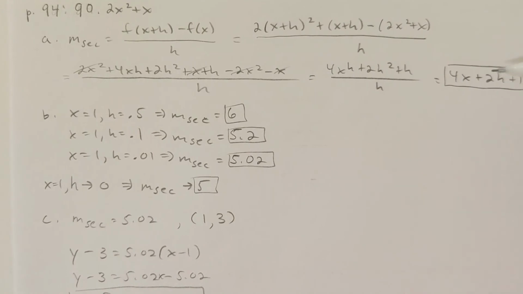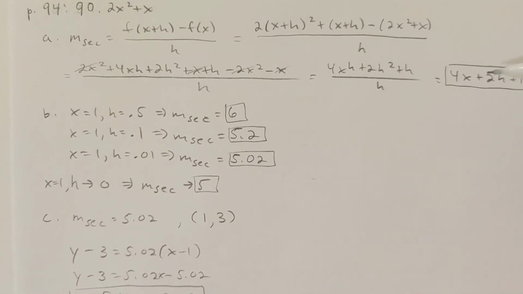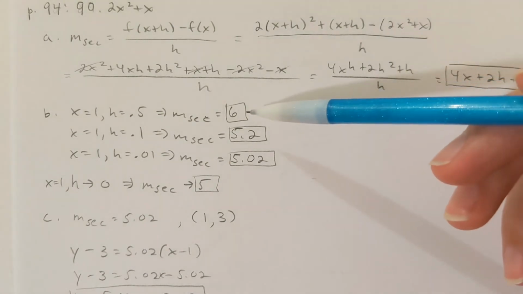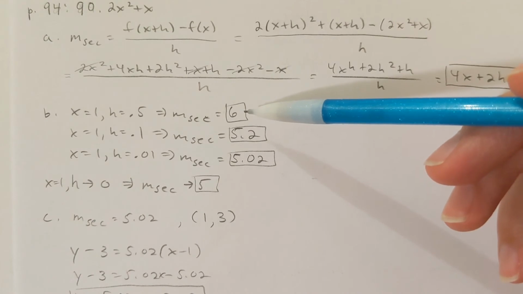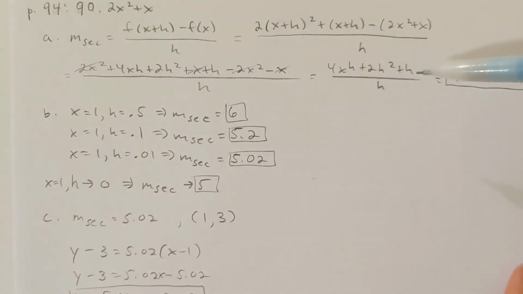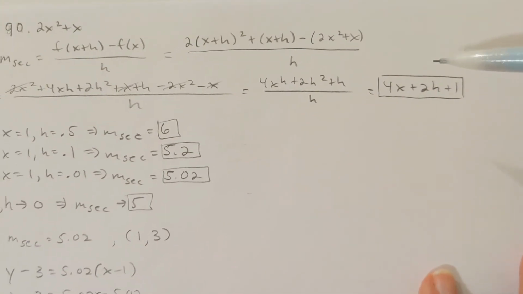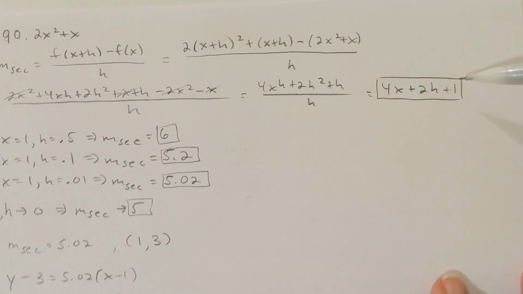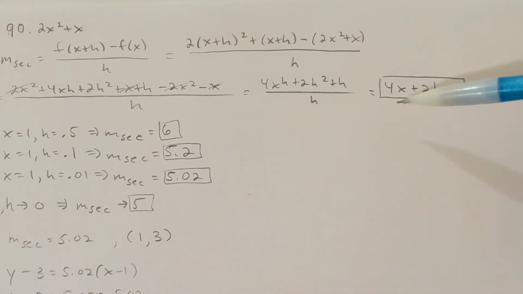Okay, and so part B, suppose that x is 1 and h is 0.5. Then the slope of the secant line, 4 plus 1 plus 1, gives me 6.